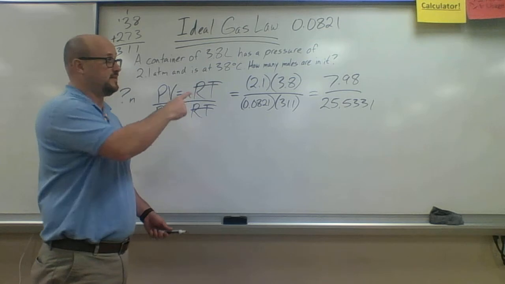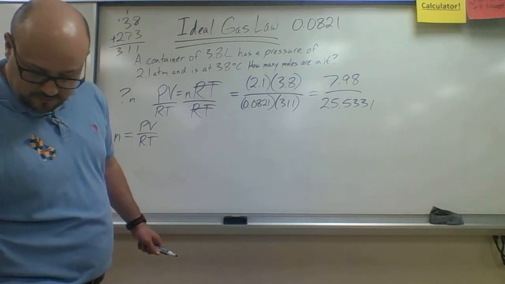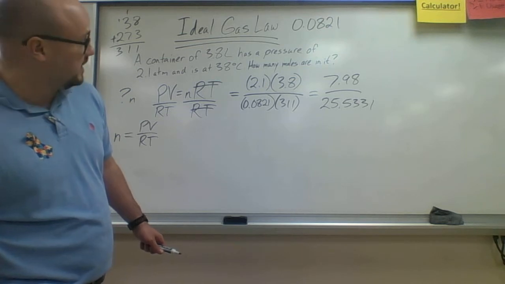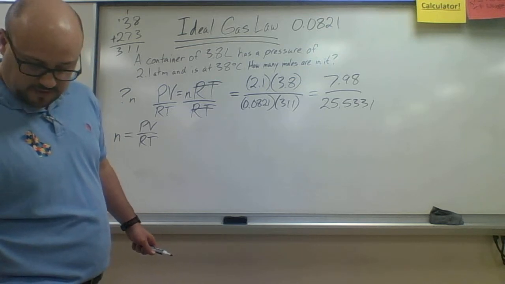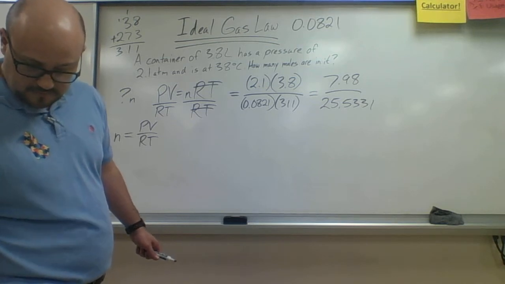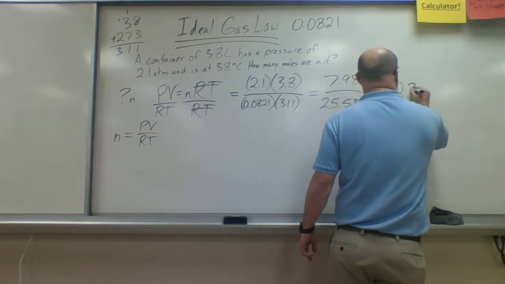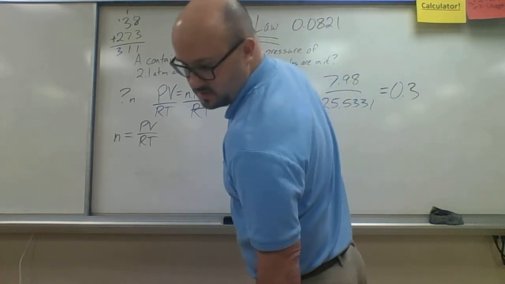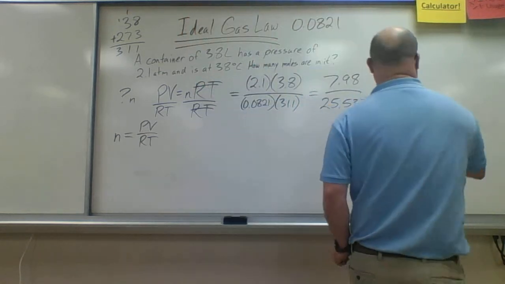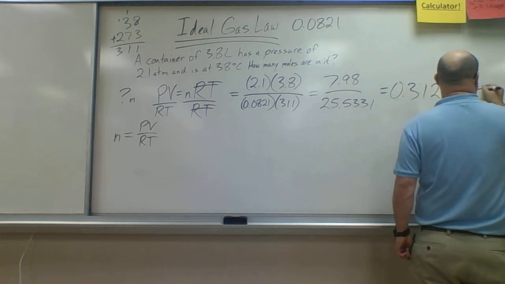Now we have to divide these last two to get our final answer. 7.98 divided by 25.5331 gives us a grand total of a lot of decimals: 0.1253549.